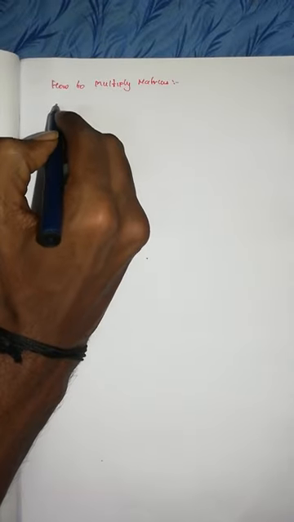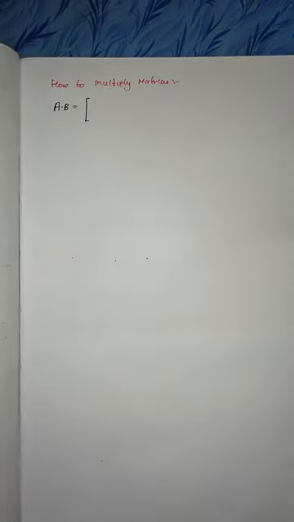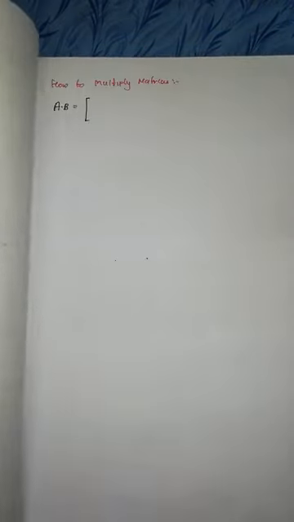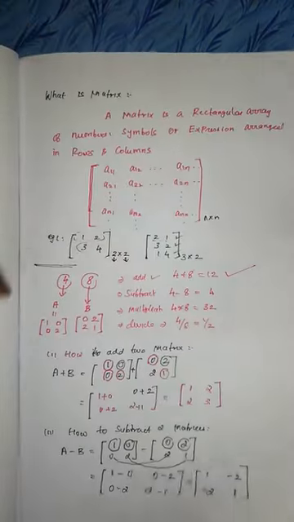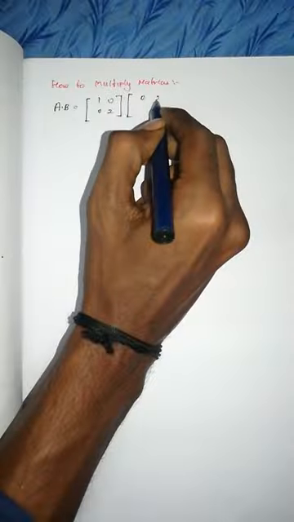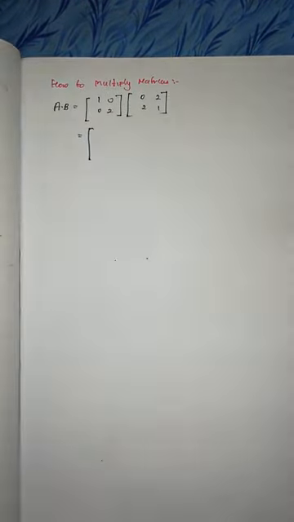Again I take the same matrix, which is A into B. Since A matrix is 1 0 0 2 and B matrix is 0 2 2 1. Now how to multiply two matrices? Very easy.